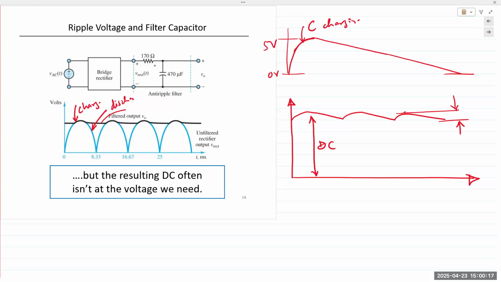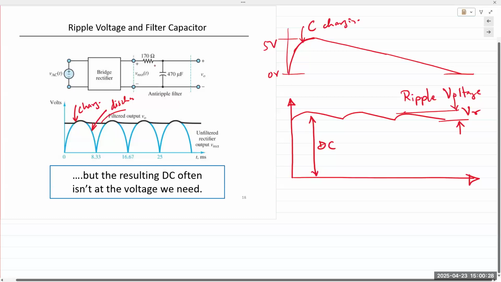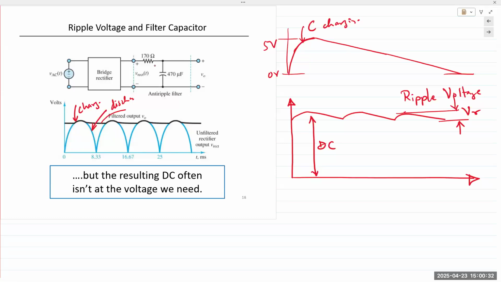Hence, it is known as a ripple. Ripple voltage, VR. Typically, if your output is like 5 volts or 10 volts, your ripple voltage is in millivolts, far less than 1% of the overall. There's still a slight ripple, but far less than what we have with just pulsating DC. And that is the third step in a power supply.